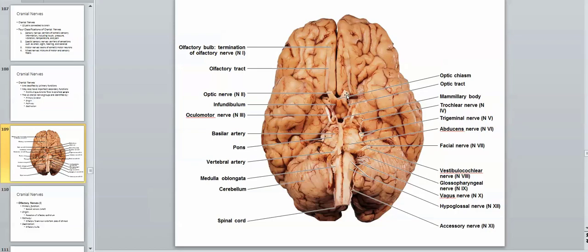Remember, we have our optic nerve. It's going to cross at the optic chiasm, and then it's going to send information to the lateral geniculate nucleus of the thalamus via the optic tract. And the thalamus, you can't see it here, but then the thalamus is going to relay that information back to the visual cortex via the optic radiations.